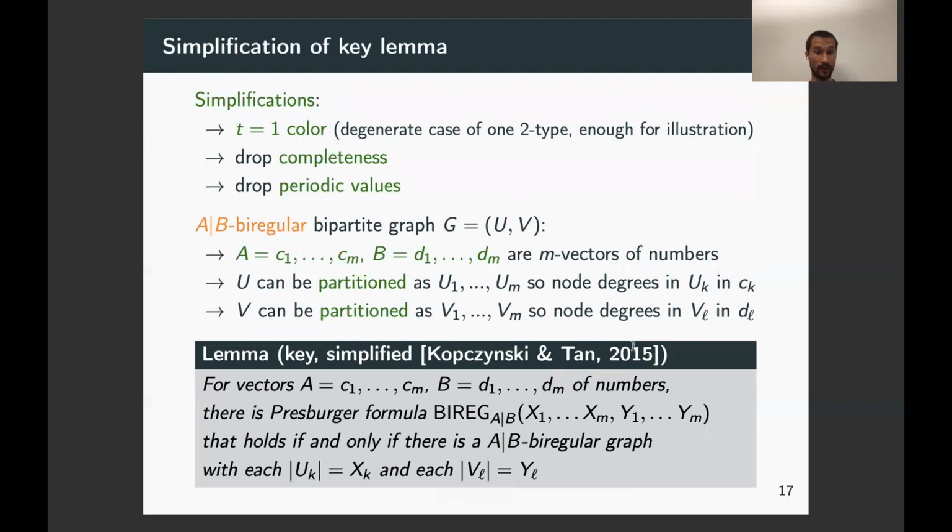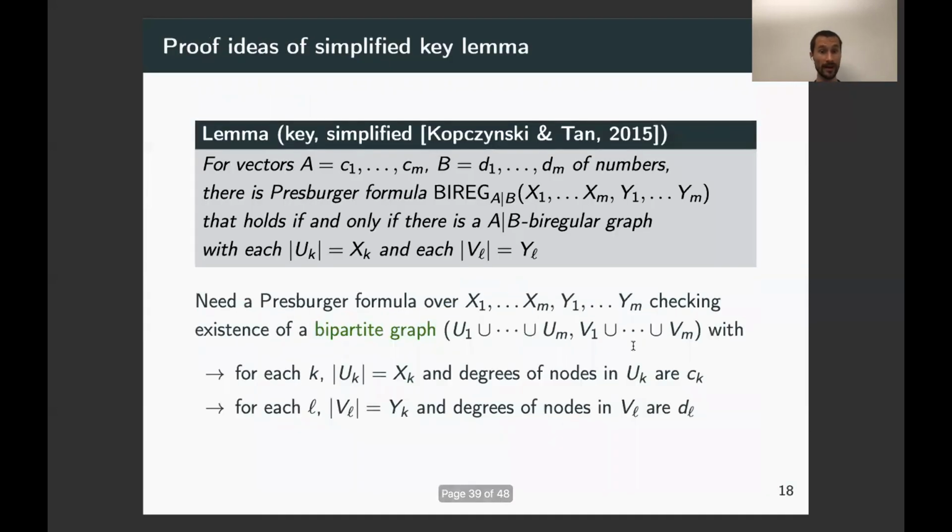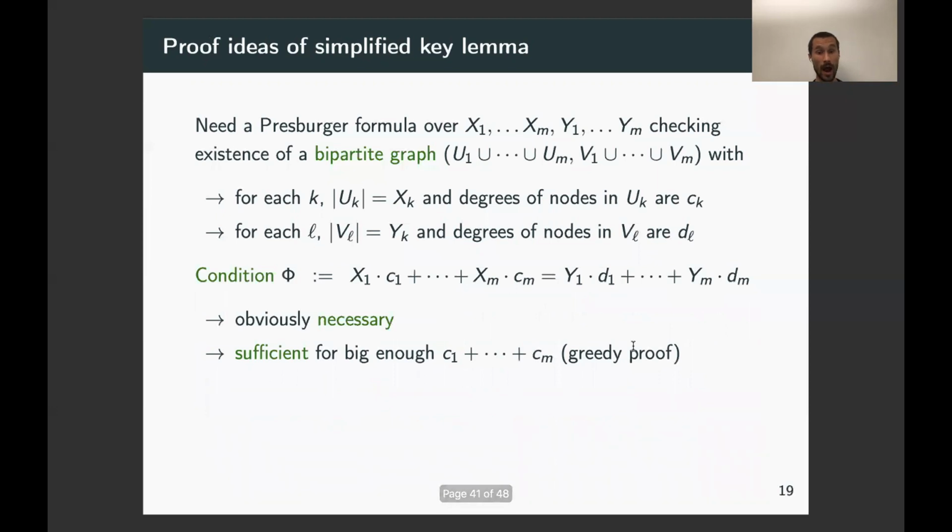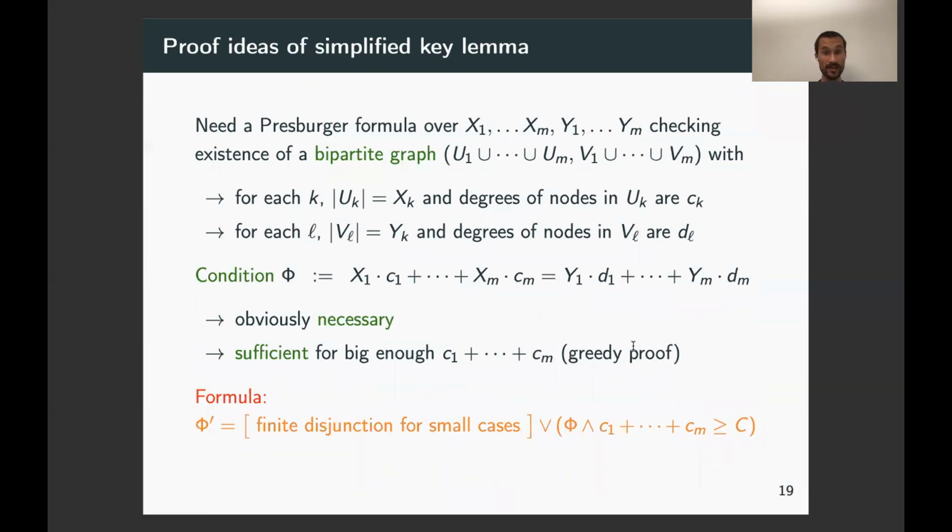And here we have our lemma, which was actually proved by Tan and Kapczynski in the paper I mentioned, that we really have this formula. Very briefly, what do we need? We need a Presburger formula checking existence of a bipartite graph with appropriate degrees. And the necessary condition for this is that the dot product of X and C must be the same as the dot product of Y and D. So what is the dot product of X and C?